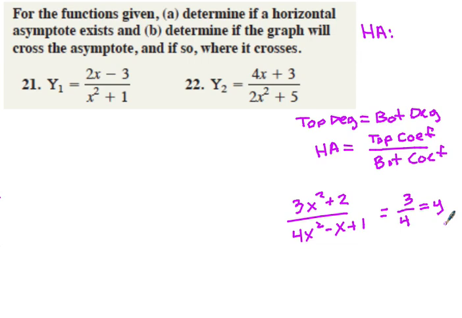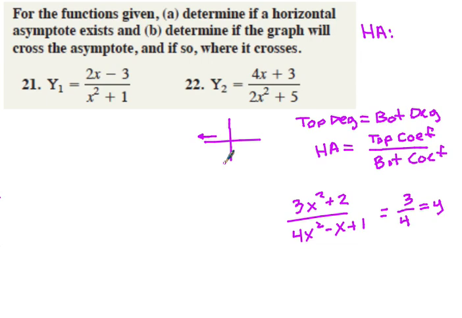So what I mean by that is, as I head way off in that direction, it doesn't matter what the smaller degrees are, because let's say x is a million. So 1 million squared is a huge number. 2 does not even matter compared to that, which would be trillions.